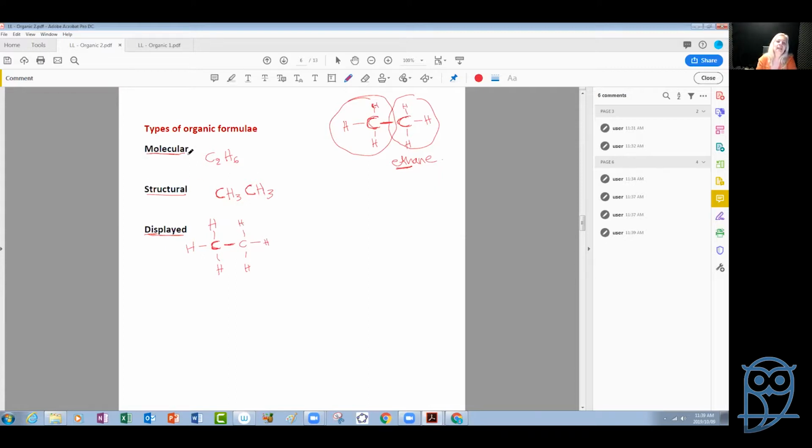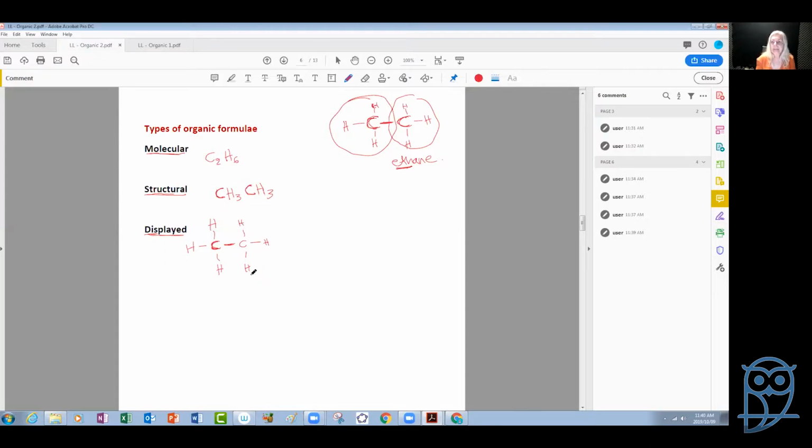So these are the 3 names of the formula: molecular, structural, and displayed. And very often in exam questions, they might ask us to draw the displayed formula or draw the structural formula or find the structure and this and that. So we need to know what they're referring to by remembering those names. What is the structural formula and what is the displayed formula? All right.